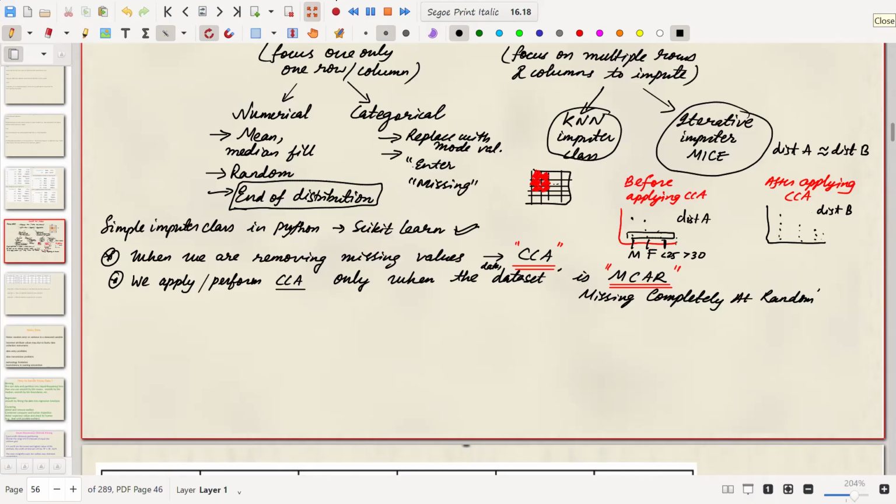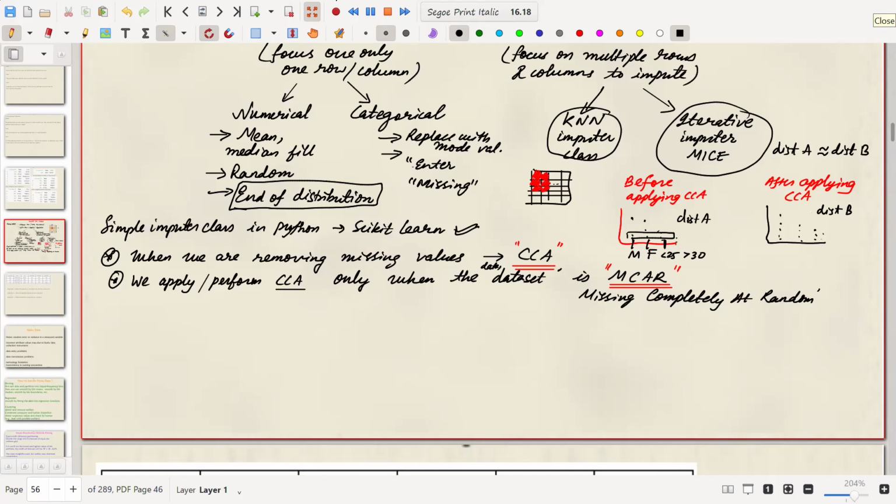If the distribution is similar in both of the cases, then yes, it is a good idea to apply CCA. That means if the distribution is the same even after applying CCA, it means that a lot of features are not getting destroyed. A lot of features you are not losing in your dataset. So the distribution should be the same. If the distribution is not the same, then applying CCA doesn't make any sense.